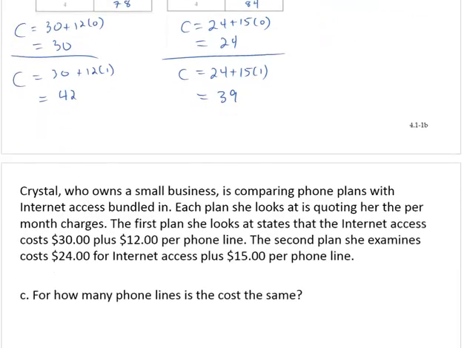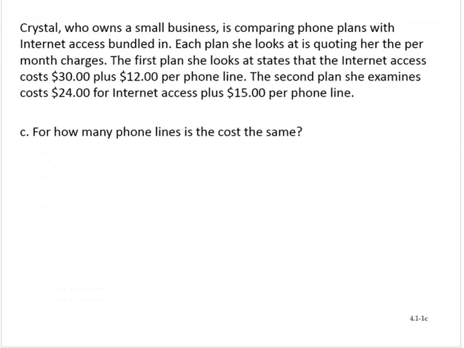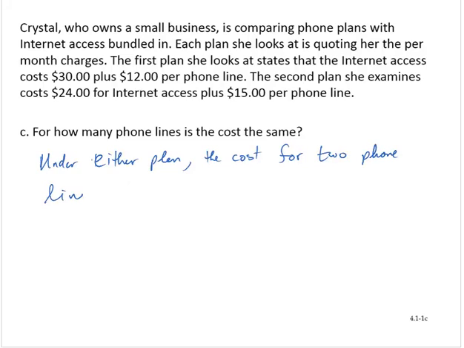So using that, we see that under either plan, the cost for 2 phone lines is $54.